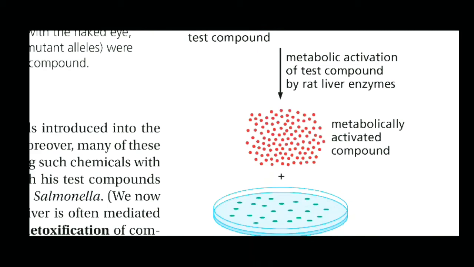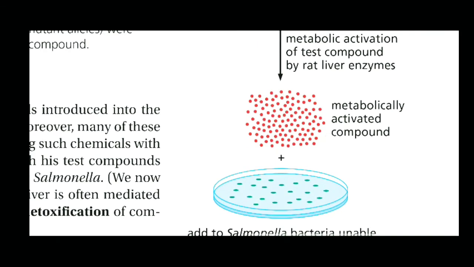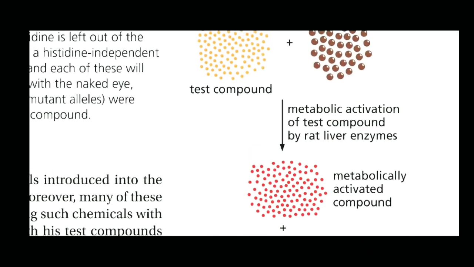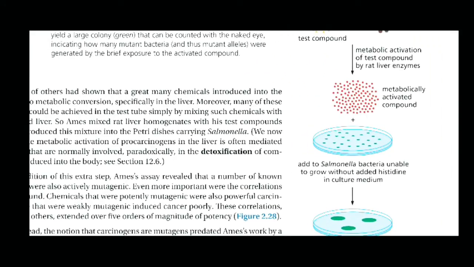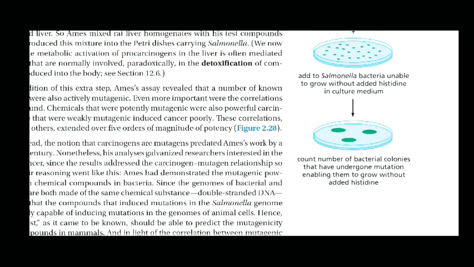And as there is no mutation, the bacteria will not be able to proliferate because they can't use histidine amino acids to form their proteins. So in this way this test is done to check whether it is a tumorigenic or carcinogenic compound.